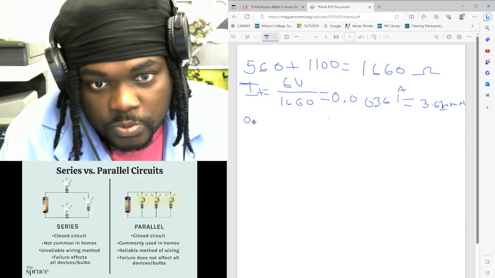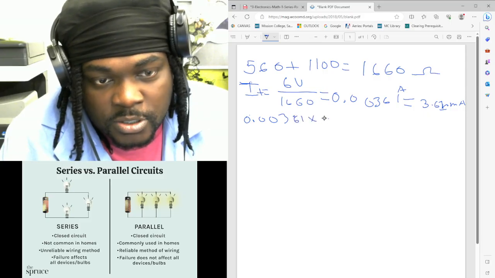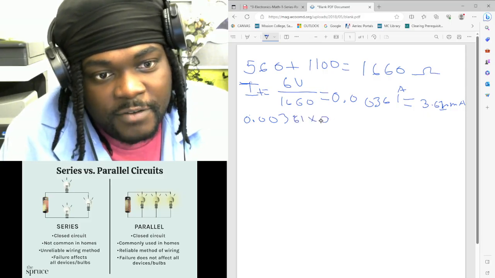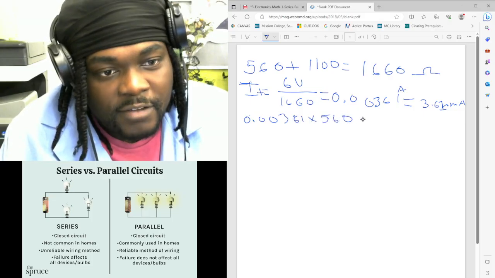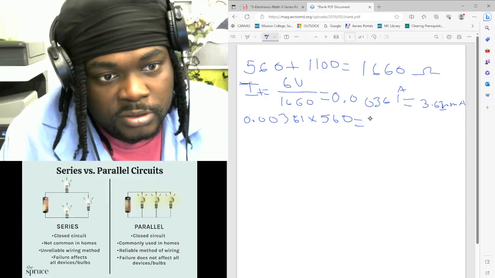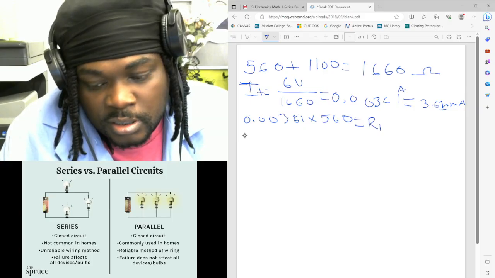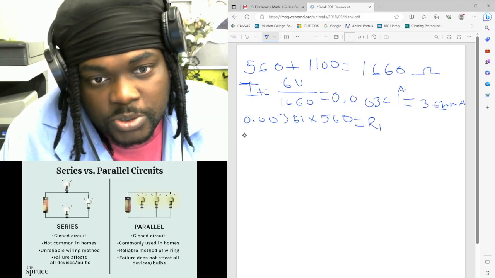We're going to do 0.00361 times, what was that first resistor we had? 560. That value there, right? So you're going to do that for R1. This will give you the value of R1. And then the voltage for R2, what would you do?